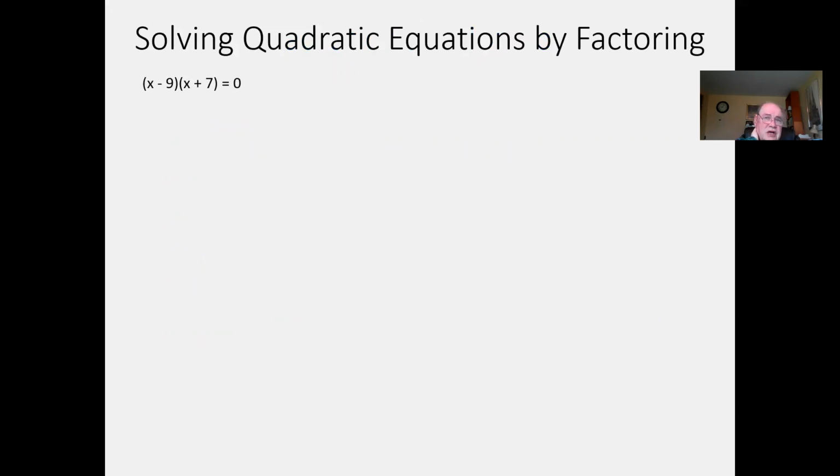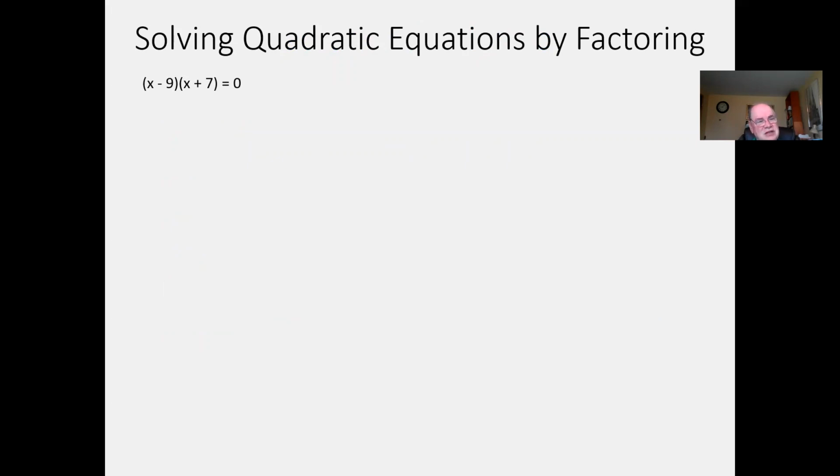There's a very nice application of this, which is solving some simple quadratic equations. Let's look at quadratic equations which are already factored. And the logic here is if two things multiply up to 0, at least one of them must be 0. That is perfectly good logic.